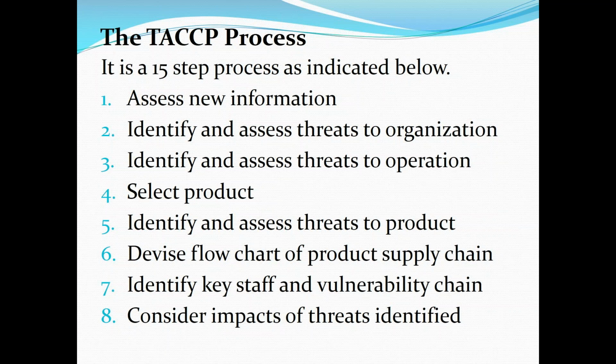And step number 7 is identify the vulnerable points. It is similar to identifying critical control points or control points. Identify the vulnerable points where you feel the attacker might get some success. So basically, you are focusing on those points that are vulnerable to attack by the individual or the group.